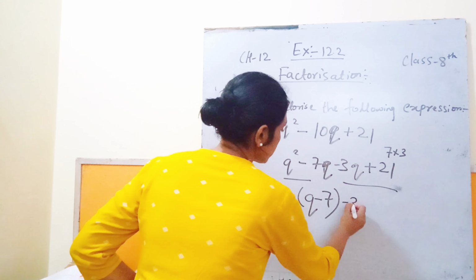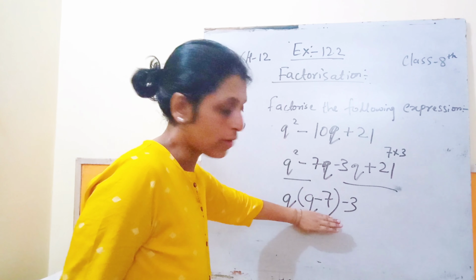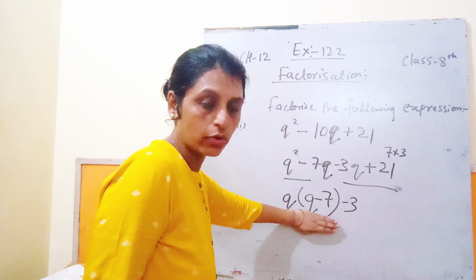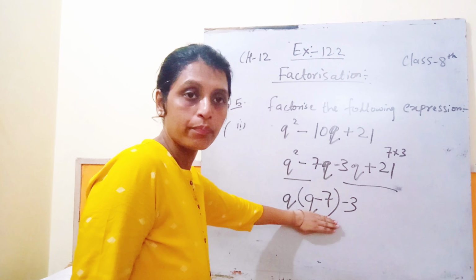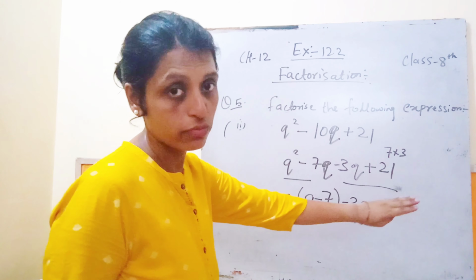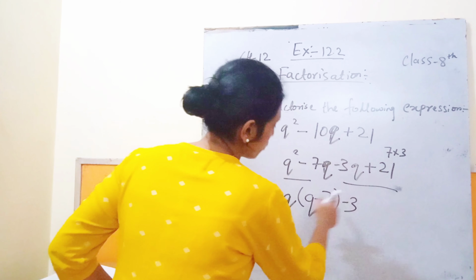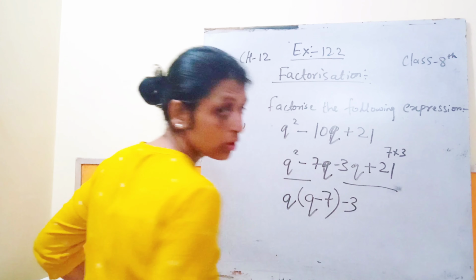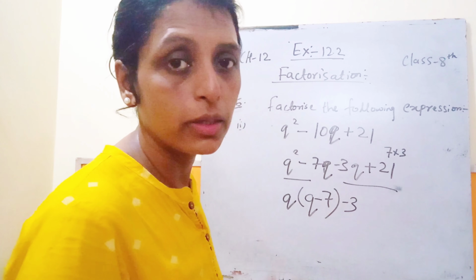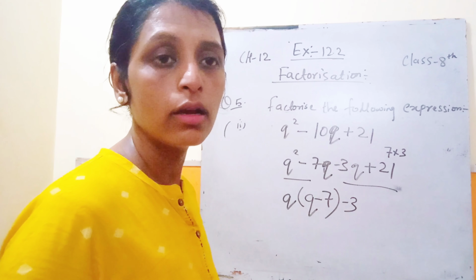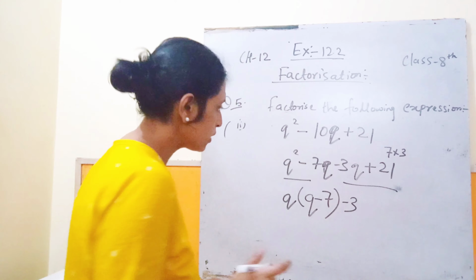Always remember whatever factors we are getting in the first pair, the same factors we should get in the second pair as well. If we are getting some different factors, it means we have done something wrong.